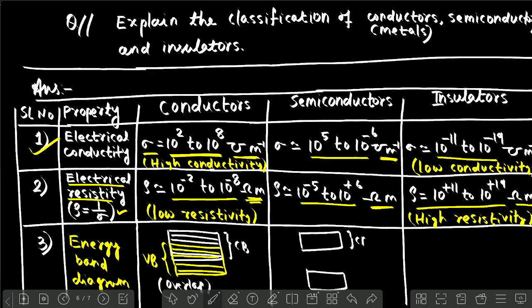Between the conduction band and valence band there is a little energy gap, less than 3 electron volt.